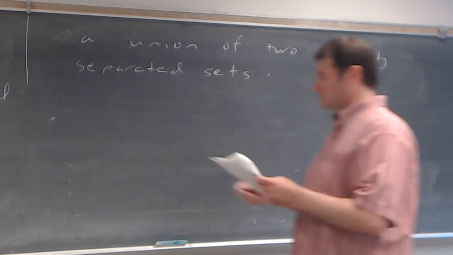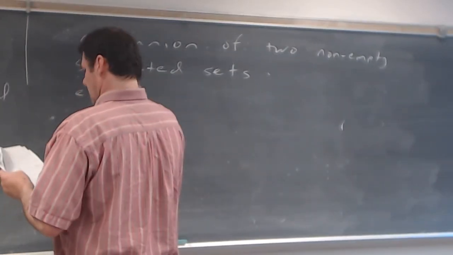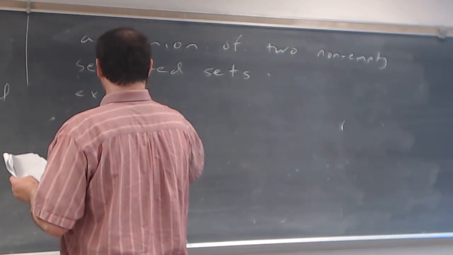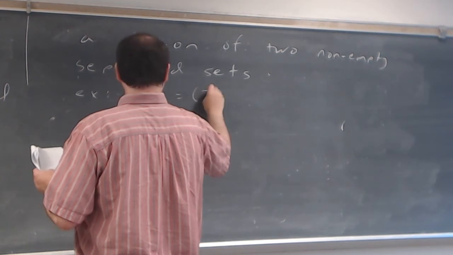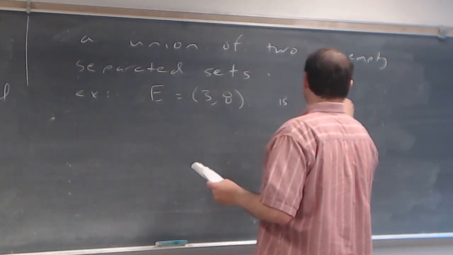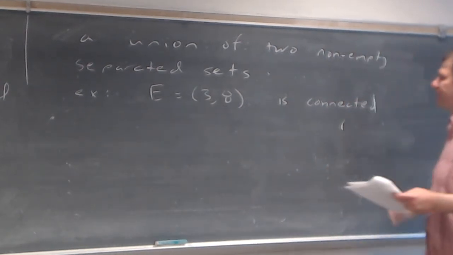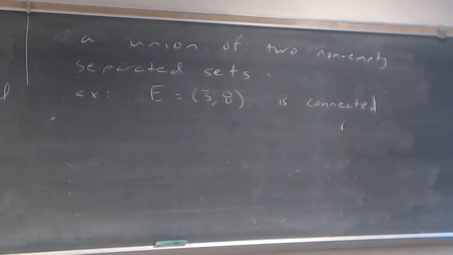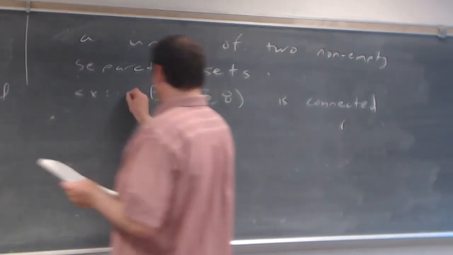So some examples, we think of E being equal to [3, 8]. That is connected. You can't write E as the union of two separated sets. This is my first example.